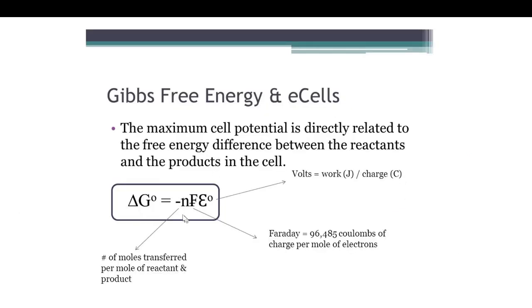For standard Gibbs free energy, it should be the standard electrochemical potential. F is the Faraday's constant and N is again the net number of electrons transferred in that reaction. So once you get all these values, you can relate free energy with the electrochemical potential or membrane potential.